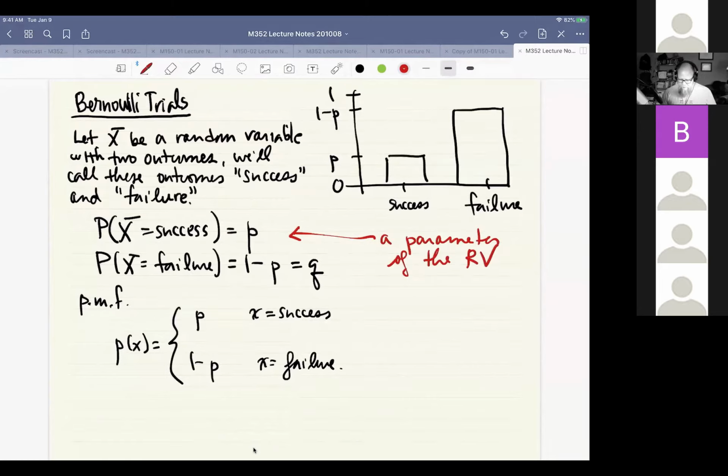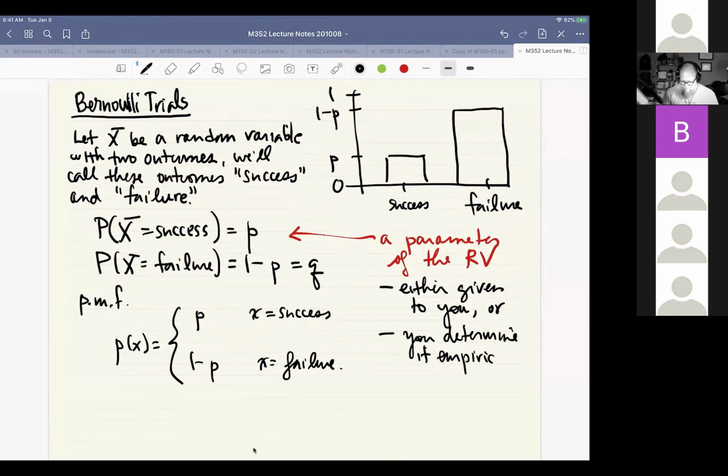This will come up with these other random variables we talk about. And usually you're going to be given a p. And if you're not given a p, you determine it empirically through data. Okay, by looking. So if you're given data, you can look at proportions. If you've got to simulate data, you can simulate data and then look at proportions, and then those proportions will tell you what p is.